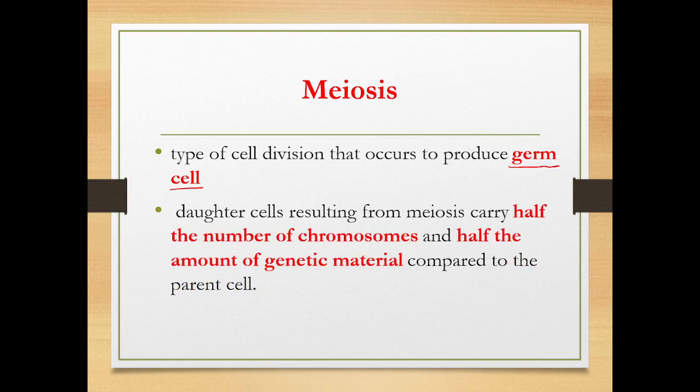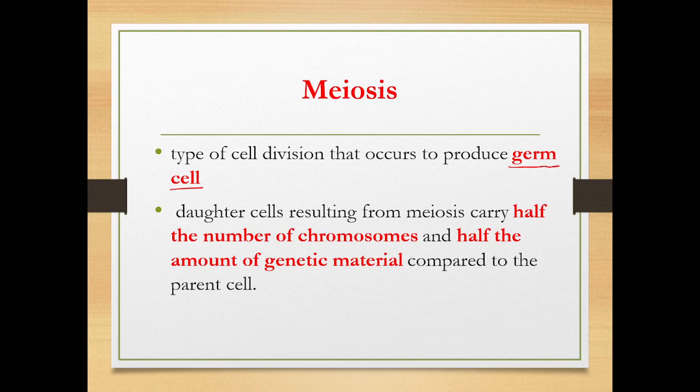You also need to take note that daughter cells which result from meiosis normally carry half the number of chromosomes and half the amount of genetic material compared to the parent cell.